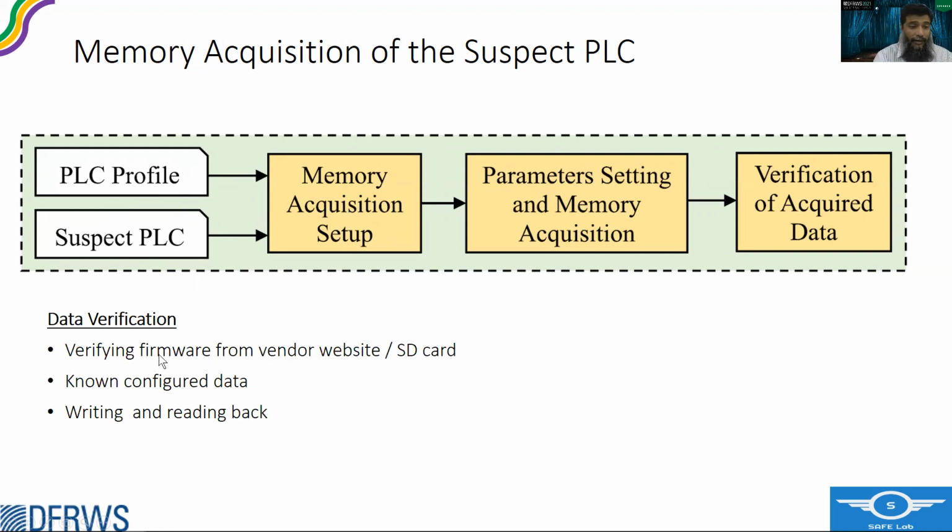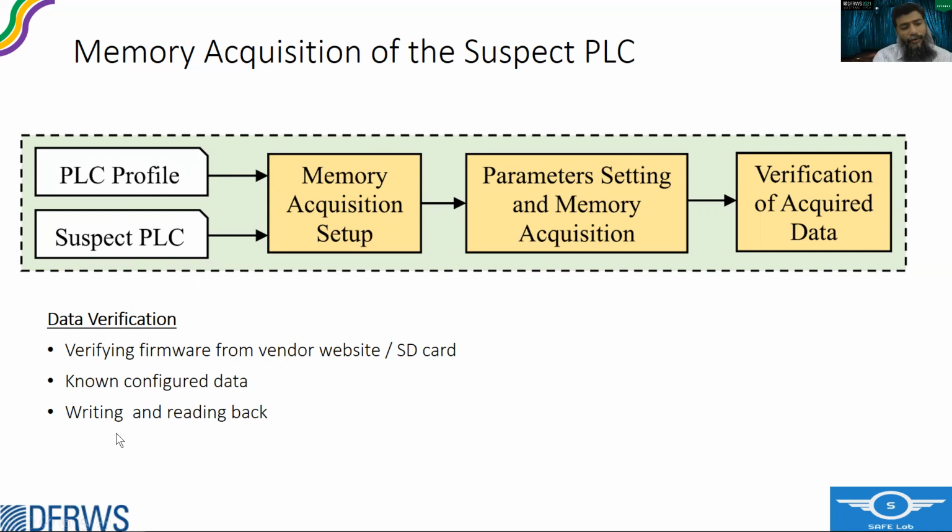It's a big file, and we can verify if we are getting the correct data through our acquisition process. Another way is to find known configured data, like IP addresses and other ASCII characters, for example the inventory of the PLC, or maybe the project file name.